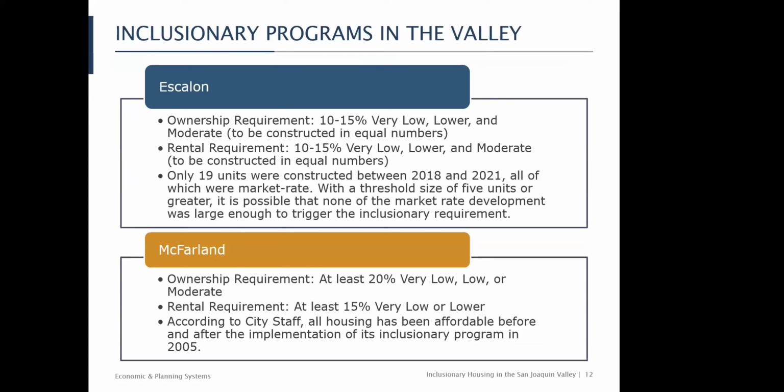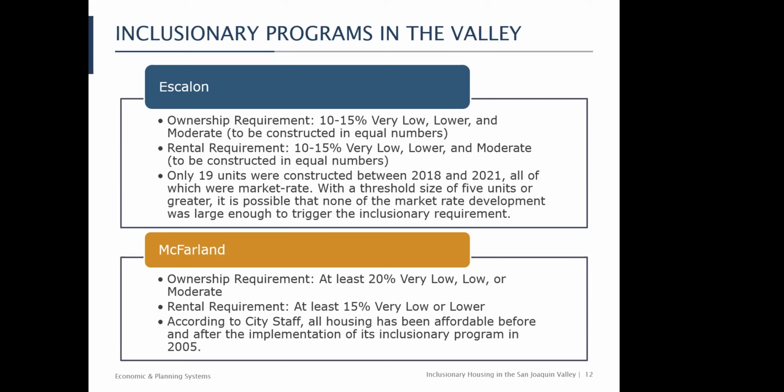So I won't go through all of this in that detailed of a way. I'll just flash it up here for you. In Escalon, there are requirements on both ownership and rental development, with a bit of a range, 10 to 15%, depending on the income levels.